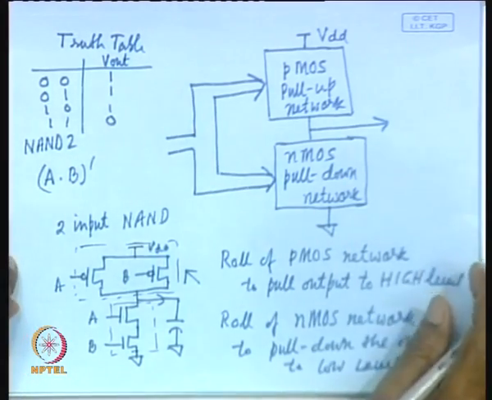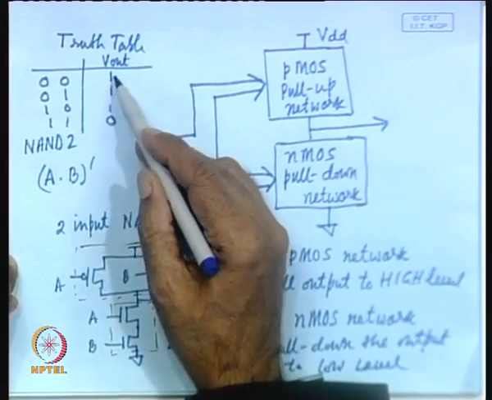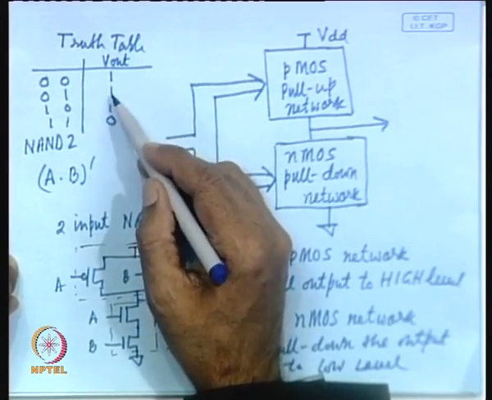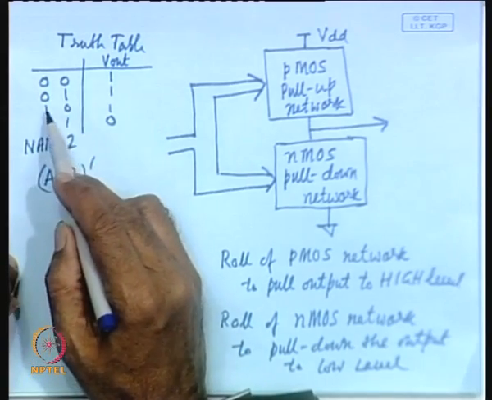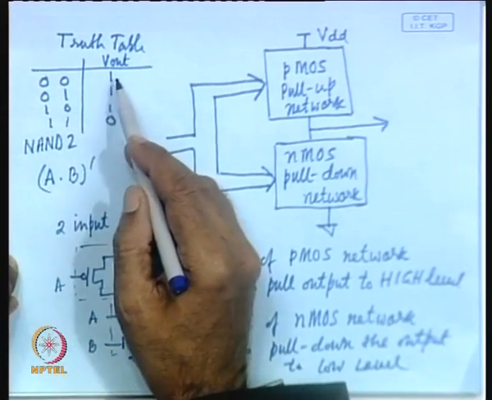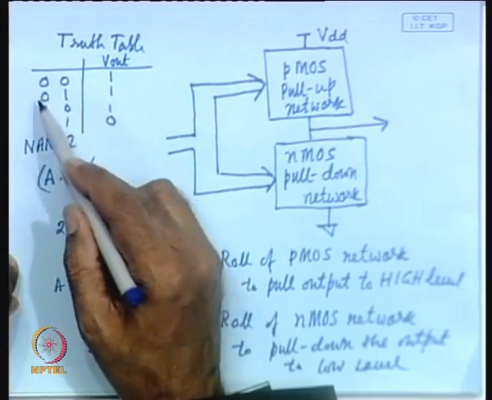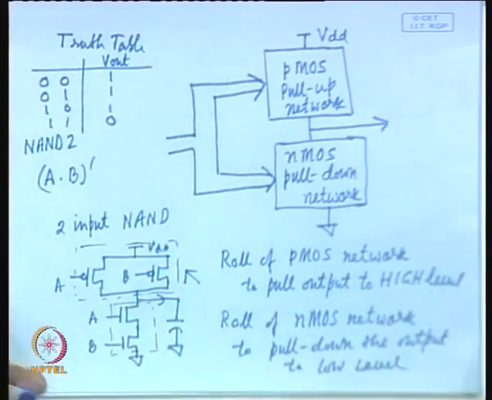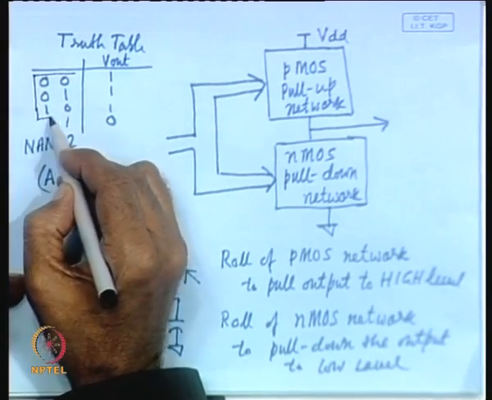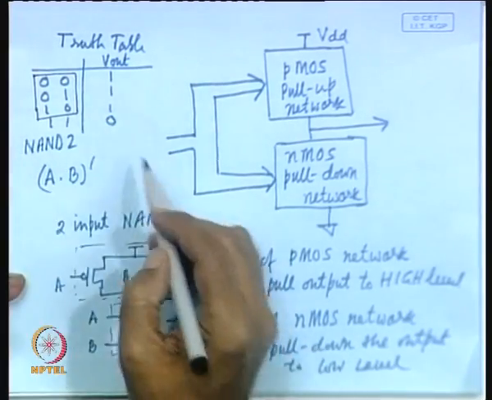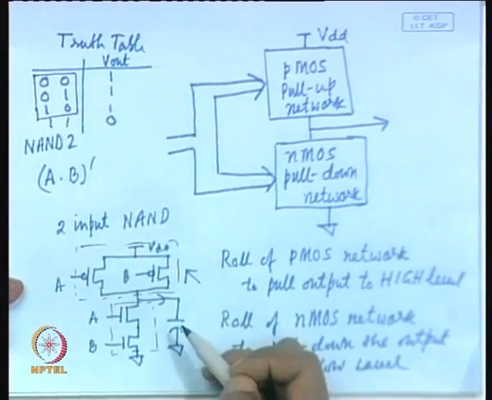So, we find that output will be 1 whenever you apply any input combinations like 0, 0, 0, 1 and 1, 0. That means, whenever you apply these inputs, a path has to be established through the PMOS network.